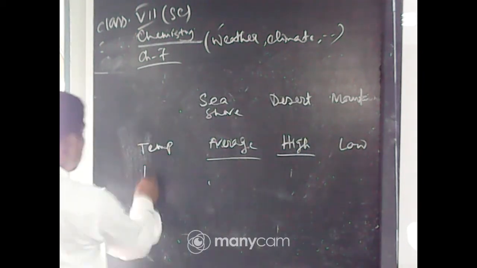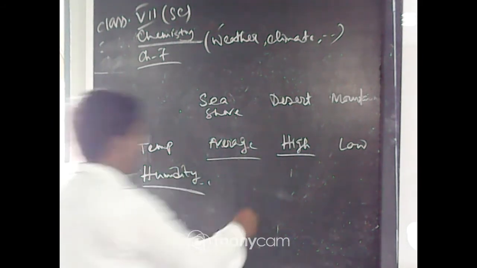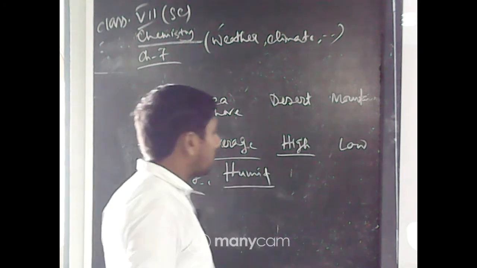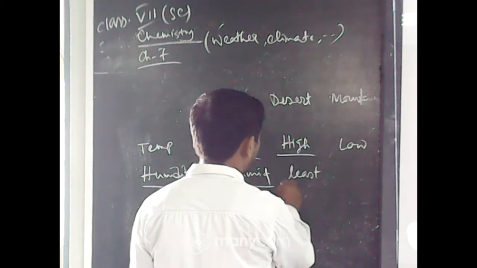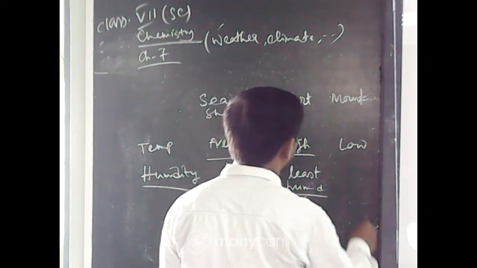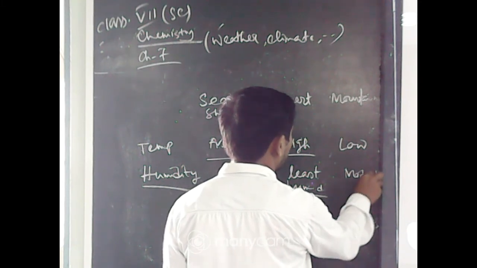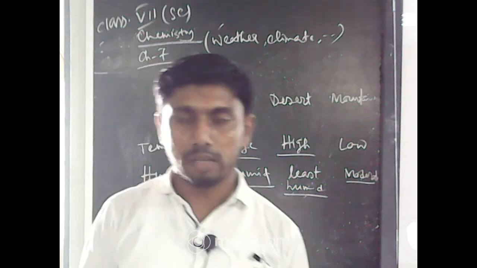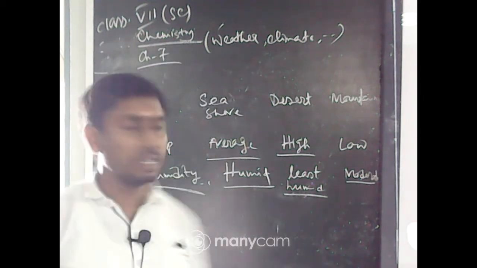Next one is the humidity. So, the sea area is humid, the desert is least humid, and in the mountain it is moderate, because the water particles present in the air are condensed in the mountain.